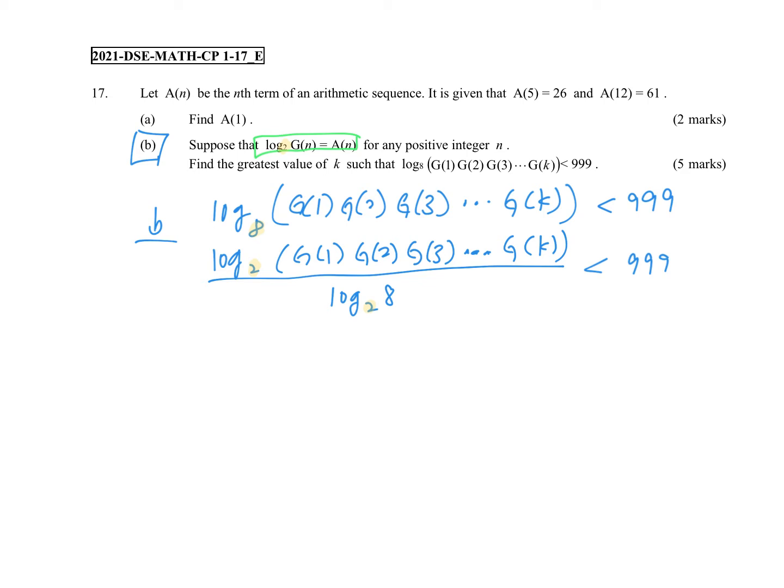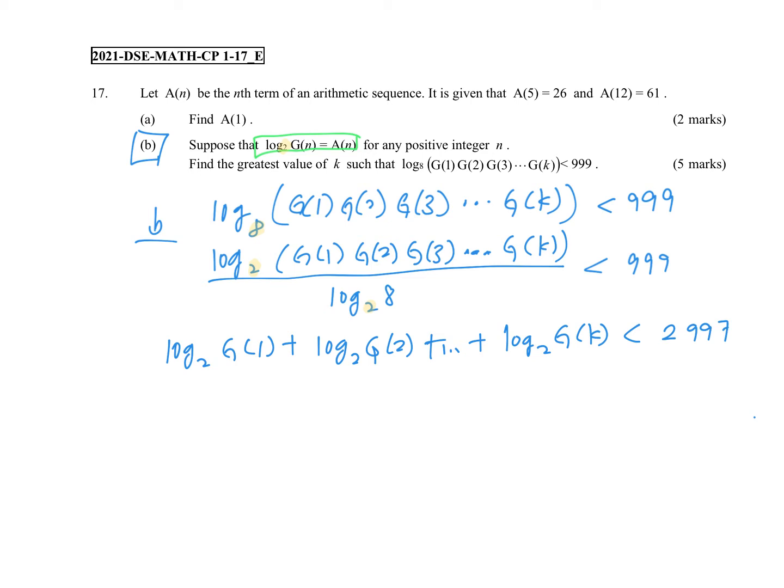Then we use the logarithm property: log AB equals log A plus log B. So that's why we split the single logarithm into the sum of k logarithms. 999 times 3 would be 2997.